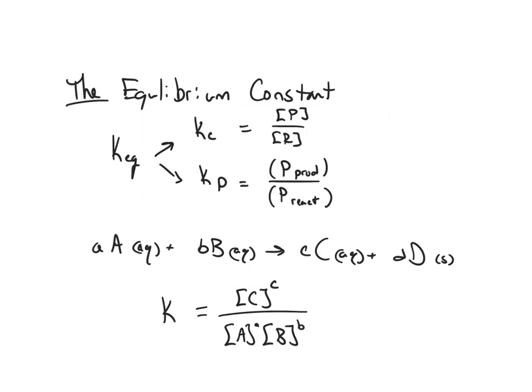I do not include the D as part of the equilibrium expression because it's a solid, and you can't have a concentration of a solid. Just pick out the aqueous reactants and products and put them into the equilibrium expression, and that is how you handle heterogeneous equilibrium. I suppose I should put in a double arrow here because this reaction is at equilibrium, but we do not include the solid as part of the equilibrium expression.